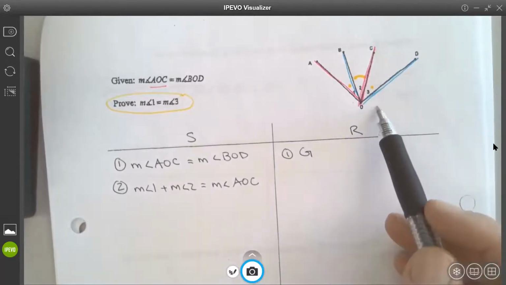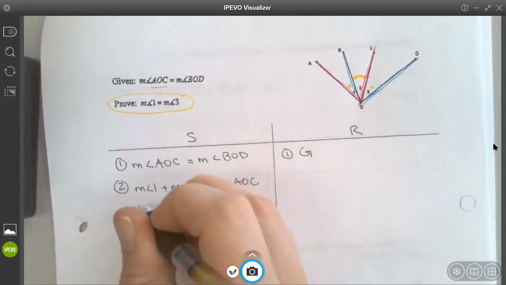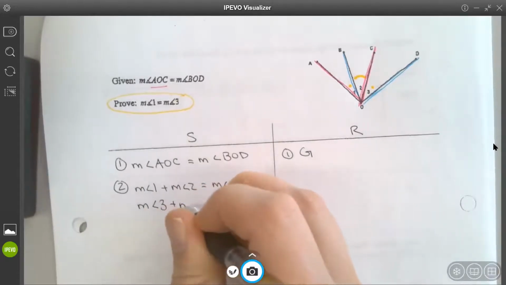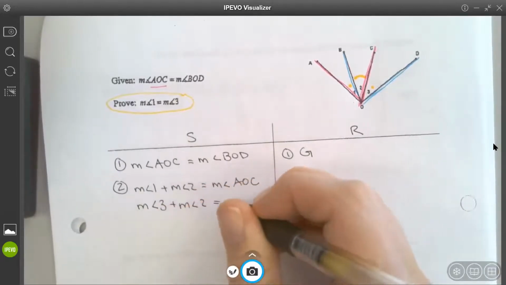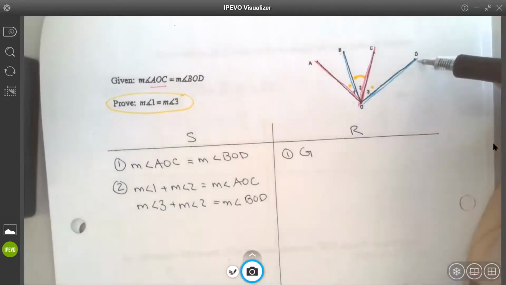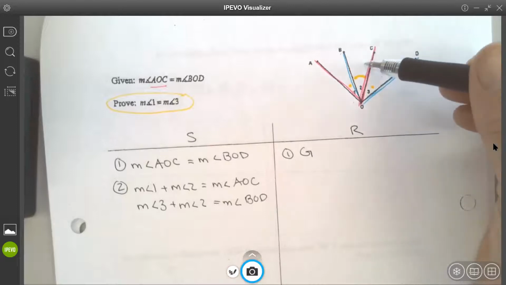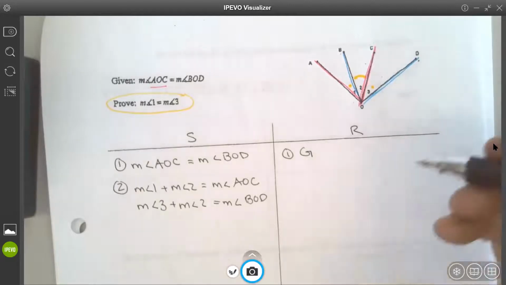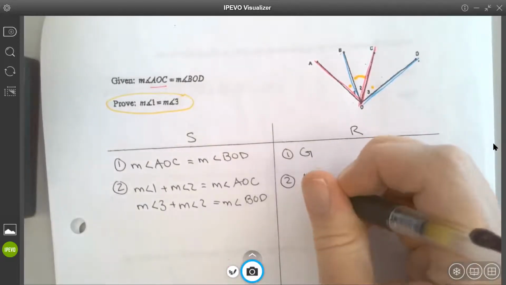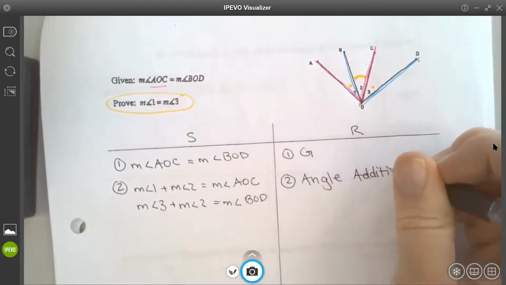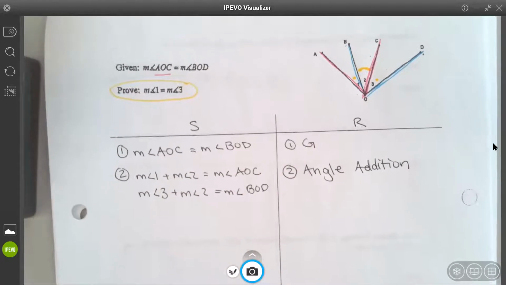And I can also write in the same step that the measure of angle 3 plus the measure of angle 2 is equal to my other angle, BOD. That's 3 plus 2. That is something I'm observing from the diagram. It is a look for, and it's angle addition.